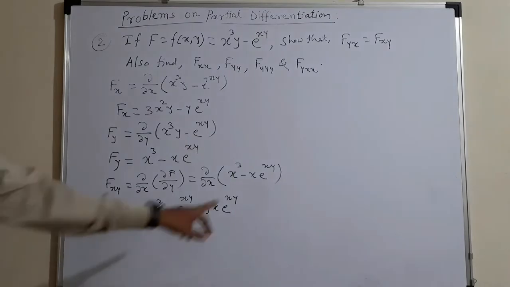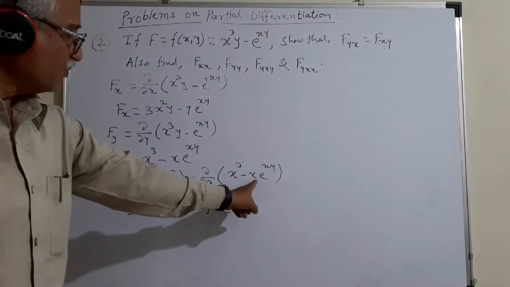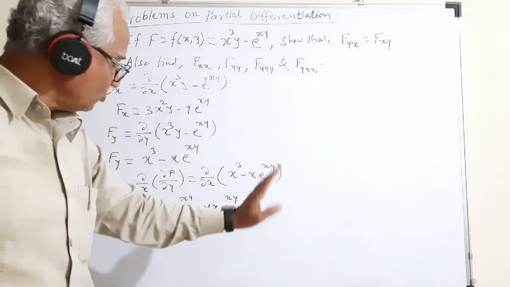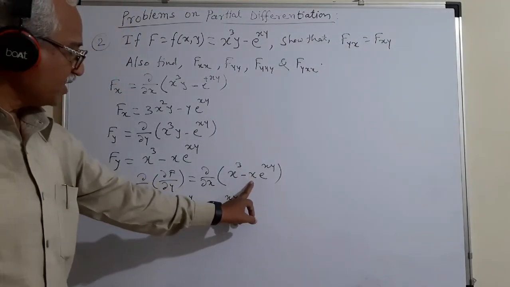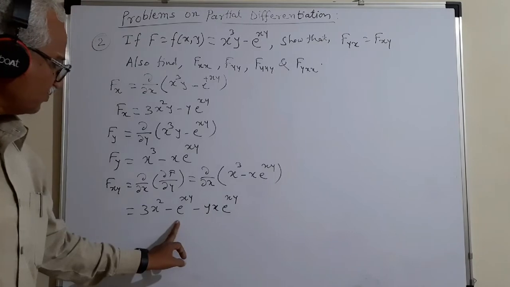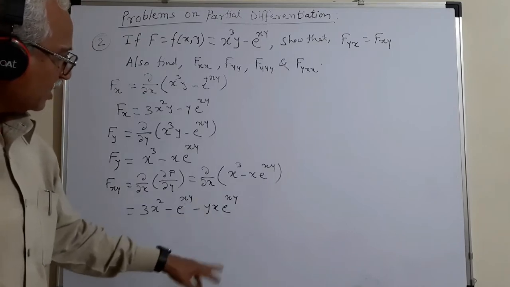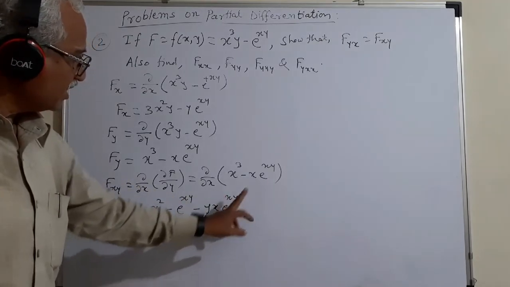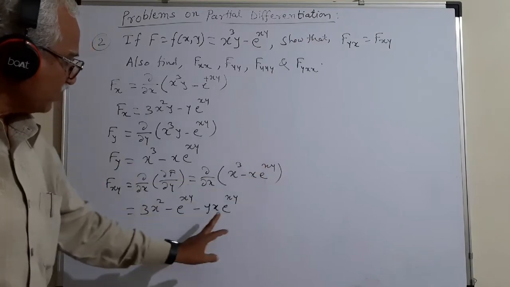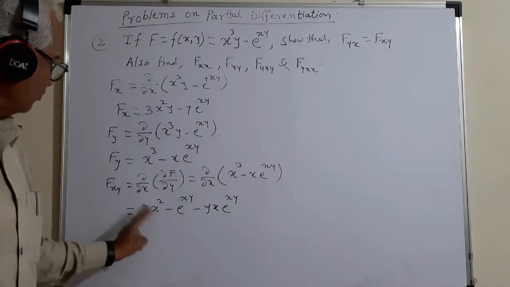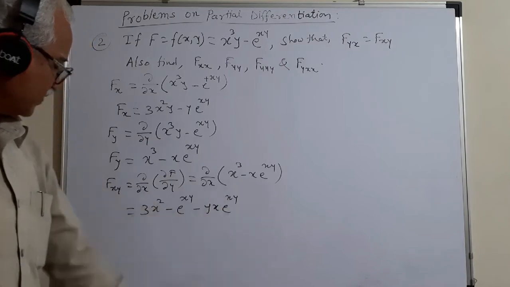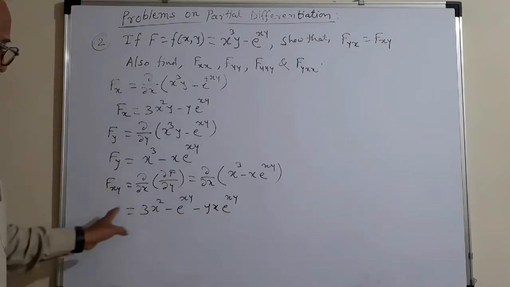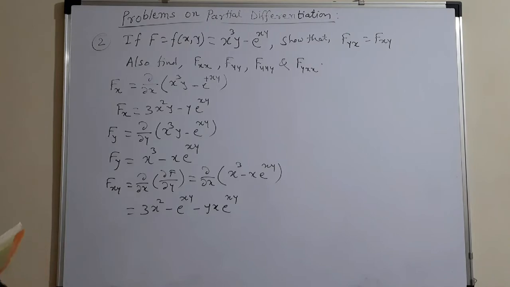Here we have the product of two terms, so we have to apply the product rule for differentiation. First differentiating x, keeping e raised to xy constant, we get this differentiation. And then keeping x constant and taking the differentiation of e raised to xy with respect to x, we get y e raised to xy. So that is the expression for fxy.